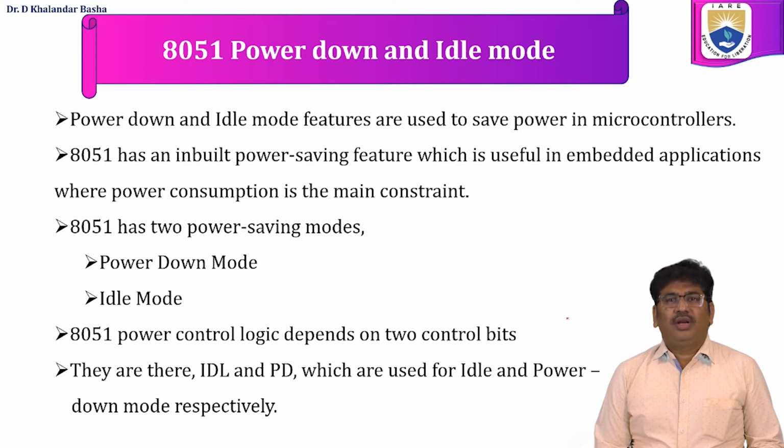The 8051 power control logic depends upon two control bits. They are IDL and PD, which are used for the idle and power down mode respectively. These bits are present in the PCON register.